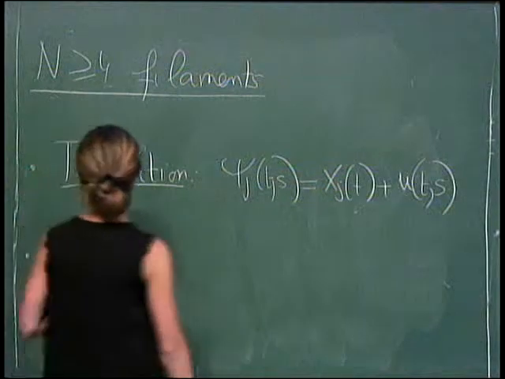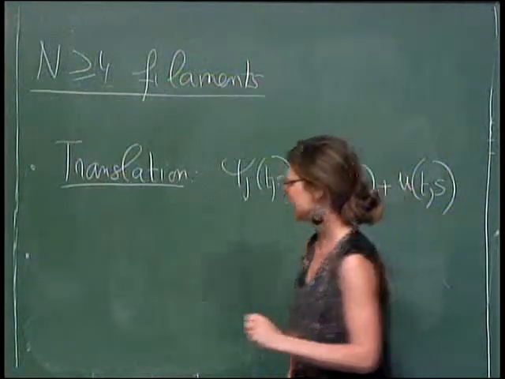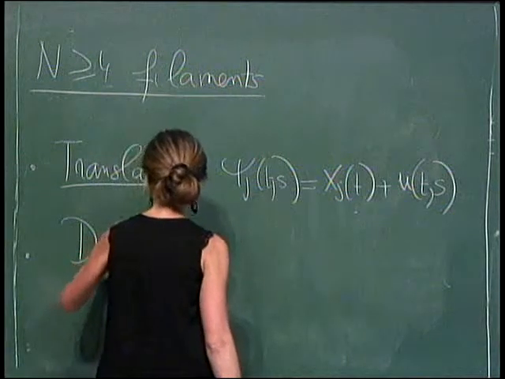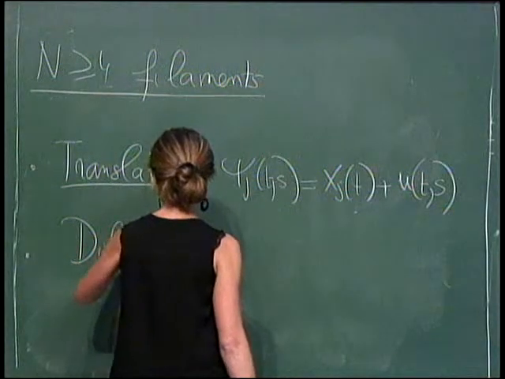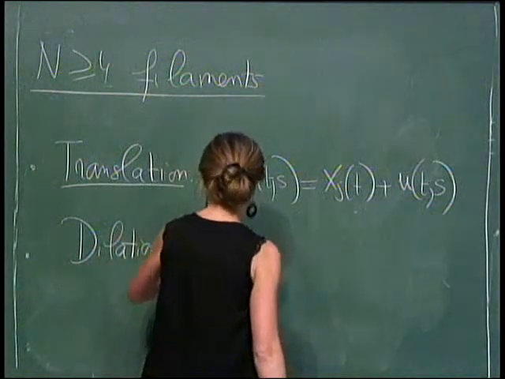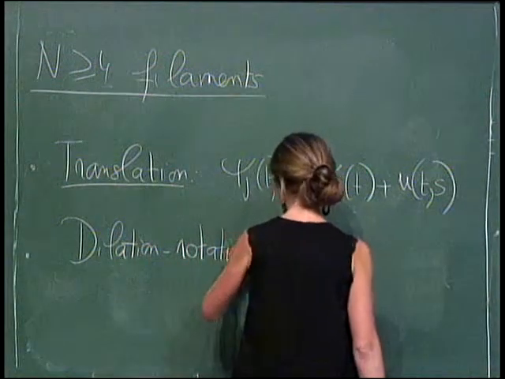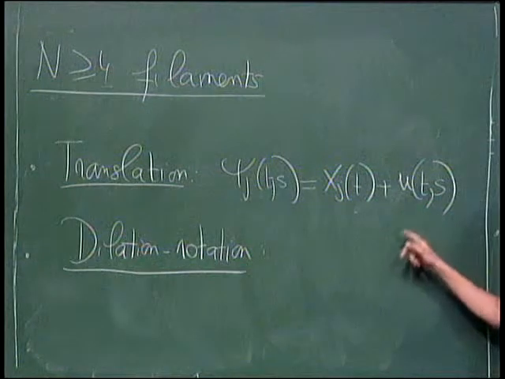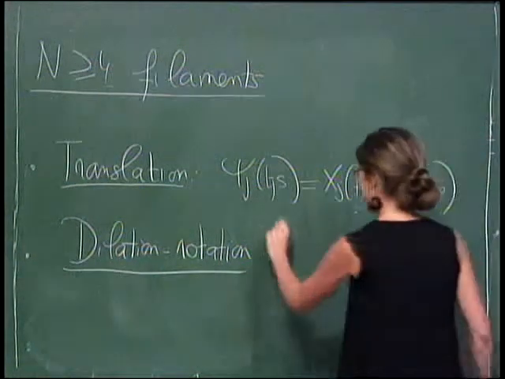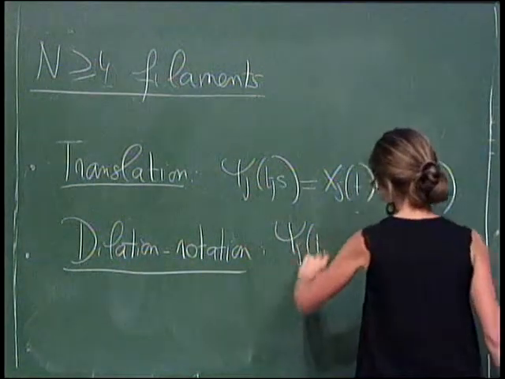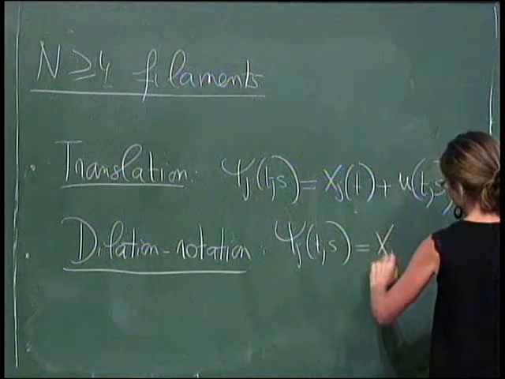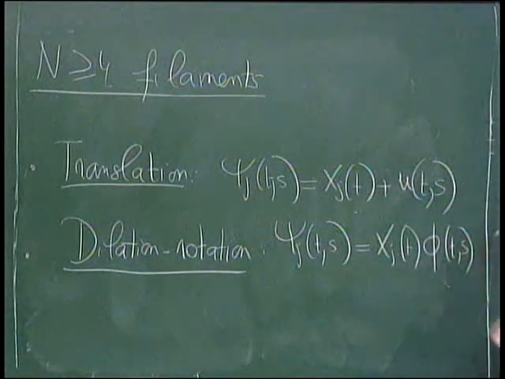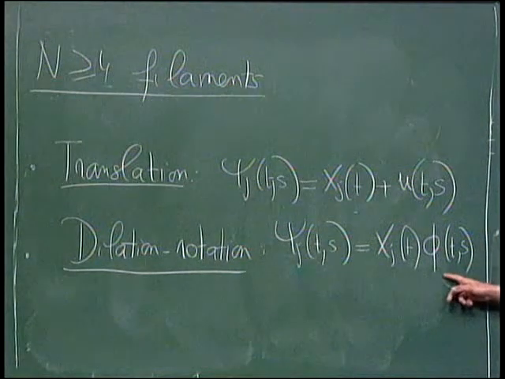And the second kind of perturbation we would like to consider is a dilation, rotation of the polygon. So instead of an additive perturbation, you consider a multiplicative perturbation. Psi j of t and s is equal to xj of t times phi of t and s, where phi is a complex function.